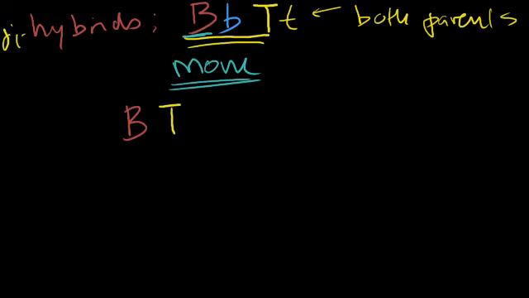Or she could contribute the brown and then the little t. Or she can contribute the blue-eyed allele and the big T. So these are all the different combinations that she could contribute. And then the final combination is this allele and that allele: the blue eyes and the small teeth. So that's for mom.